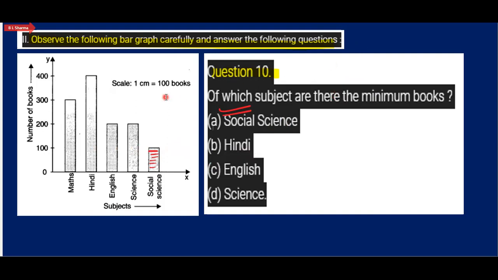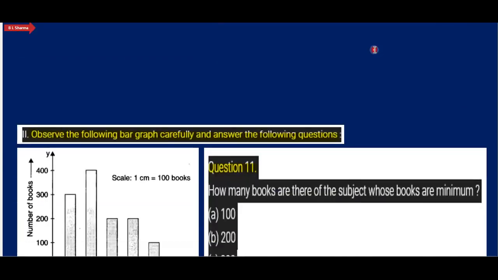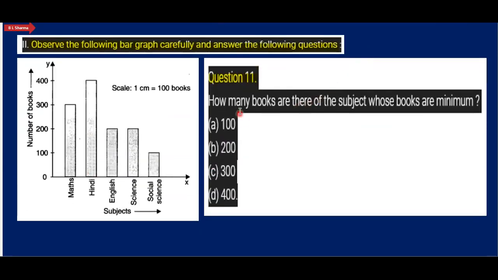For the same bar graph, we move on to the question number 11. So question number 11 is now on your screen. How many books are there of the subject whose books are minimum? Minimum books kiski aur kitni hai?